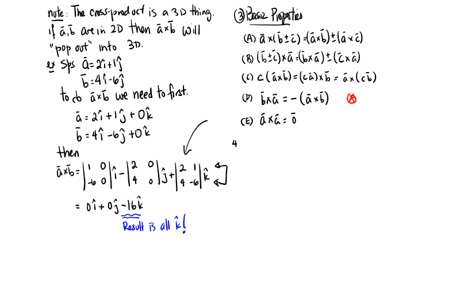And then 4. Let me call these angle properties. We'll start by saying, suppose that A and B are non-zero vectors.